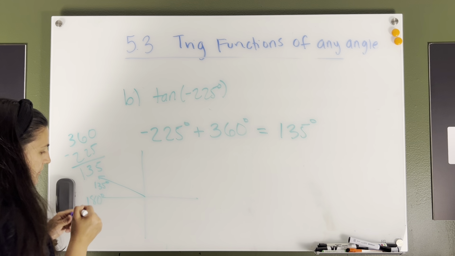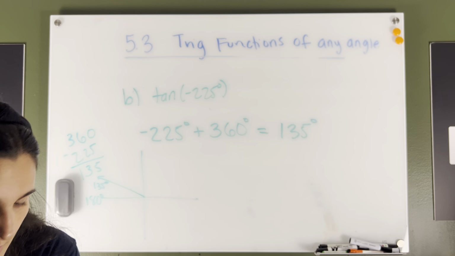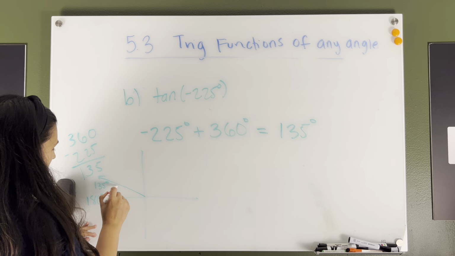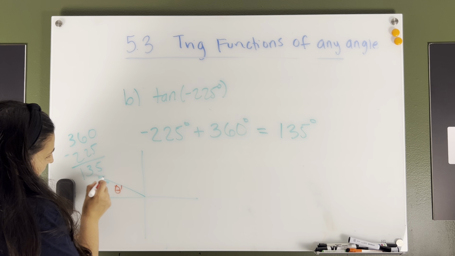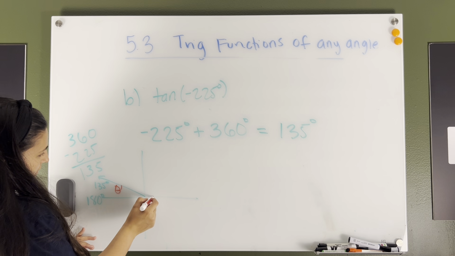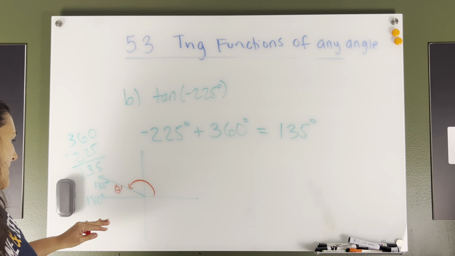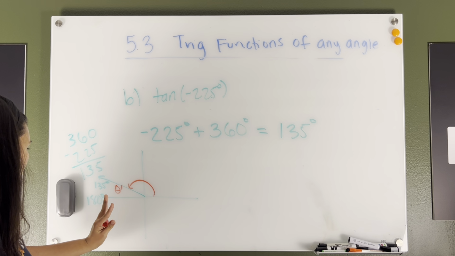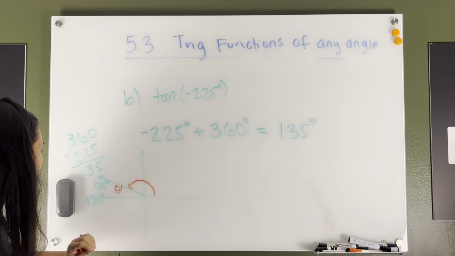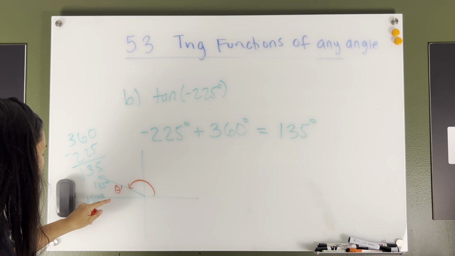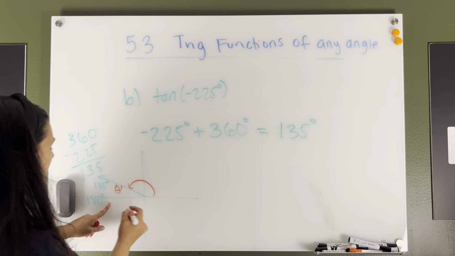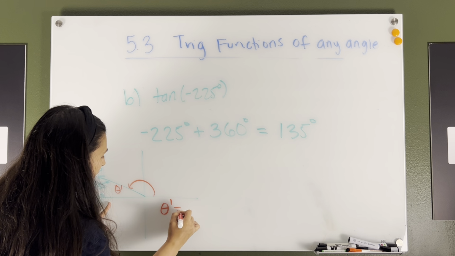The reference angle is the acute angle that is formed between the terminal side, which is the end ray of the angle theta, and the horizontal axis. Okay, so how would you get theta prime, or the reference angle?